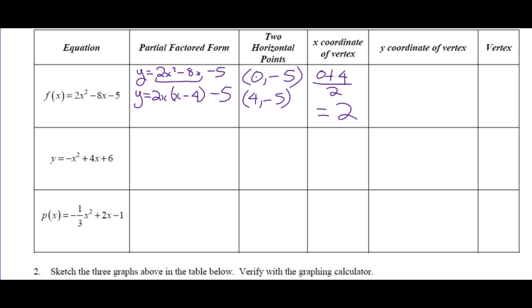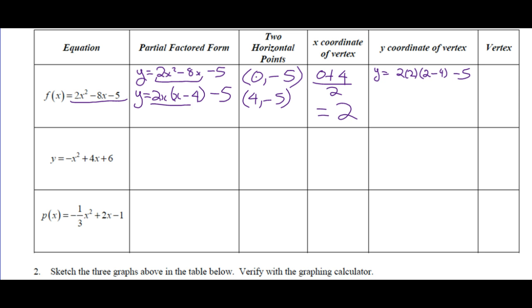And then the y-coordinate of the vertex is, so again, we have 2 choices, right? I can just put the 2 into here, or I can put it into here. Doesn't much matter. This is probably a bit easier, right? Because you can go 2 times 2 and then. So let's say y is equal to 2 times 2 times 2 minus 4 minus 5.